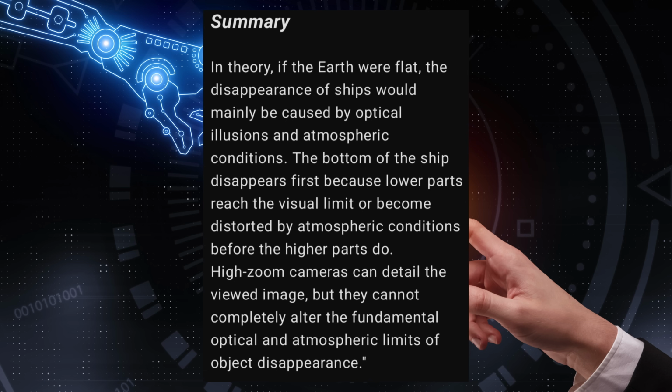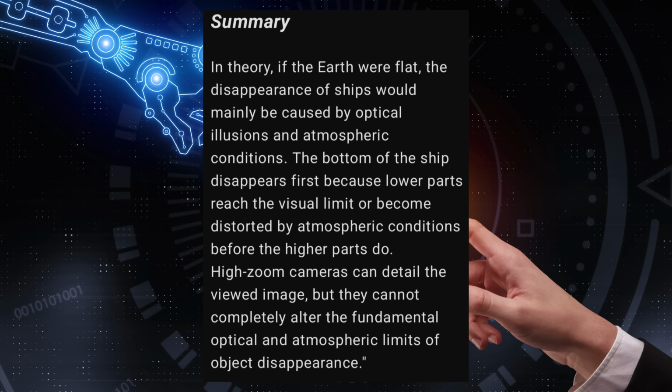Summary: in theory, if the Earth were flat, the disappearance of ships would mainly be caused by optical illusions and atmospheric conditions. The bottom of the ship disappears first because lower parts reach the visual limit or become distorted by atmospheric conditions before the higher parts do.